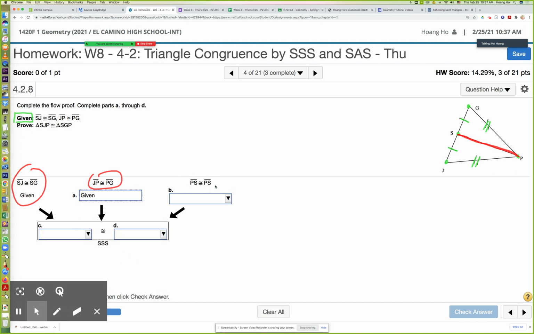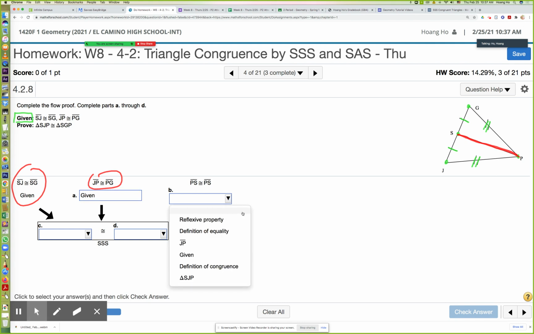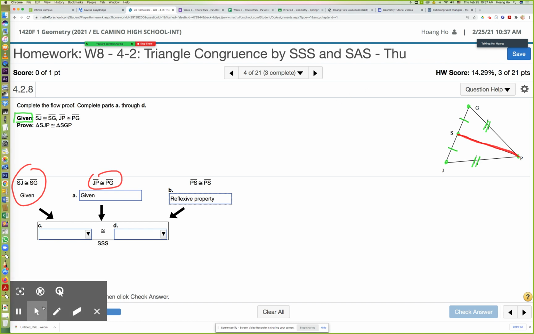Look at the common side. What reason did we choose for common side? Always reflexive, you guys. Every time you see a common side, PS congruent to PS, the reason is reflexive.